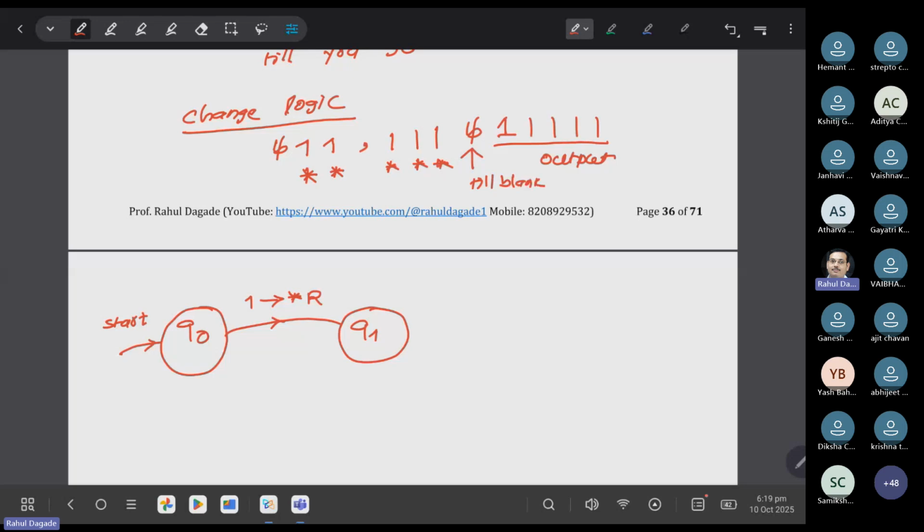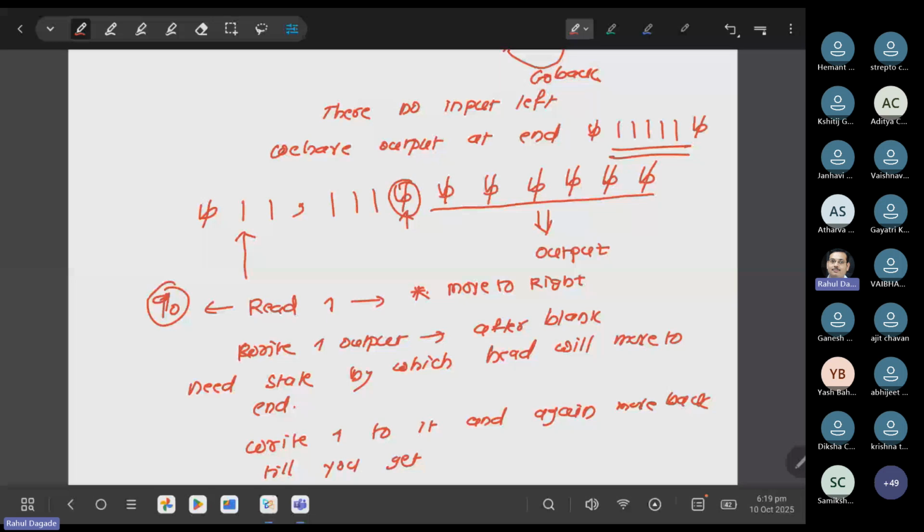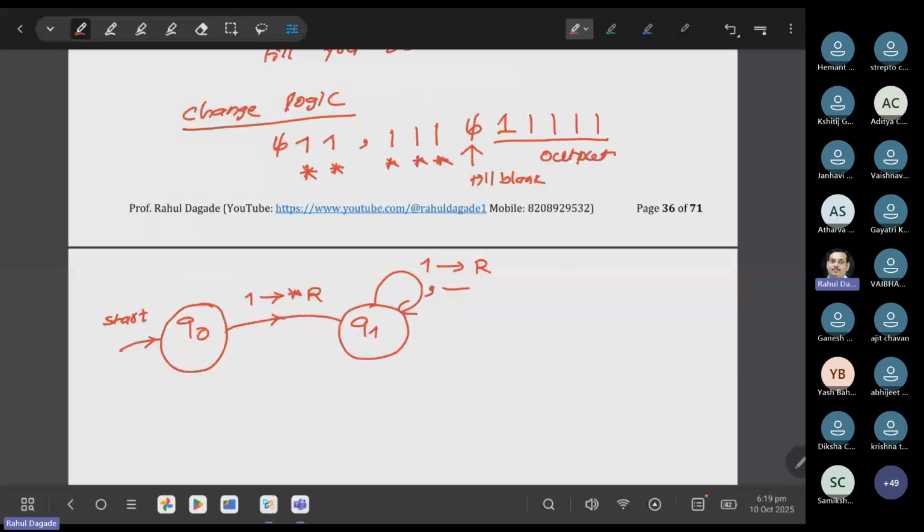So if it gets 1 in between, move the pointer to the right. If it gets a comma in between, then also move the head to the right. Now after this, if it gets blank, then move the pointer to the right and come to the Q2 state.